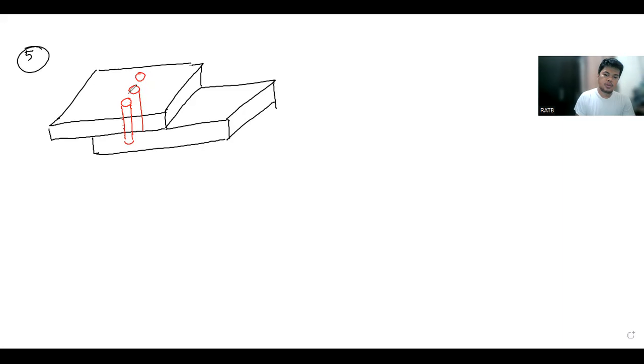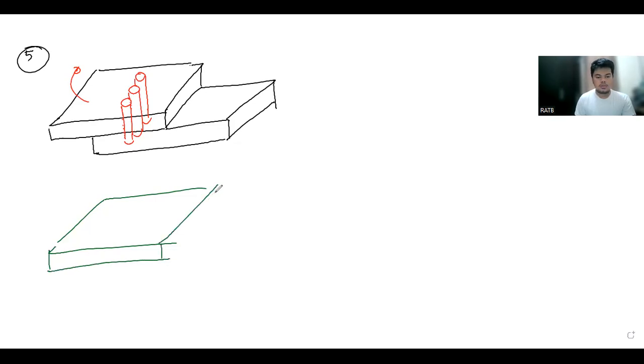Same way with the other one. Now, if we remove one of the plates for simpler analysis, let's consider the plate at the topmost portion, the upper plate. So you have there three rivets.